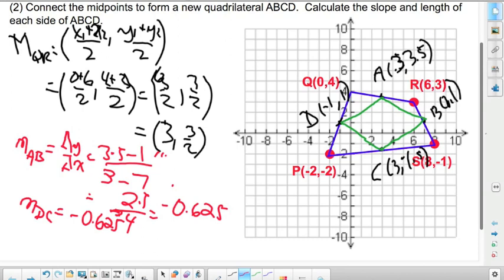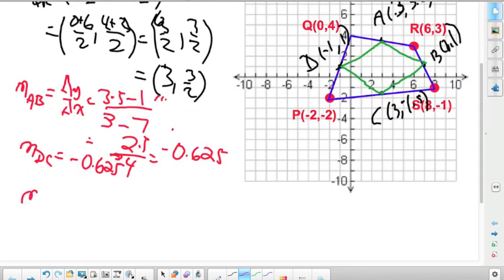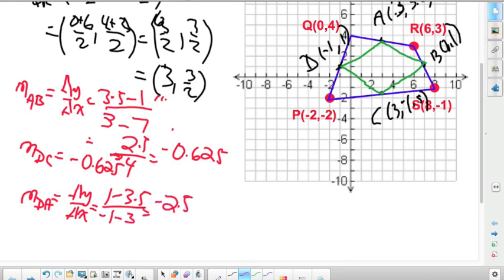Then the slope of DA: delta y over delta x is 1 minus 3.5 over negative 1 minus 3. Here I get negative 2.5 over negative 4, which is 0.625. Then we calculate the slope of CB and get 0.625 as well.